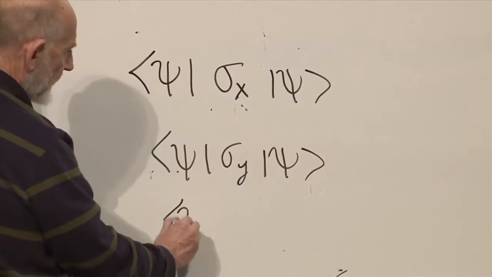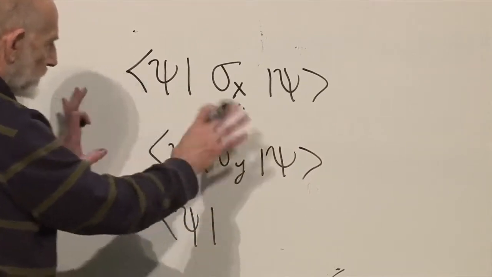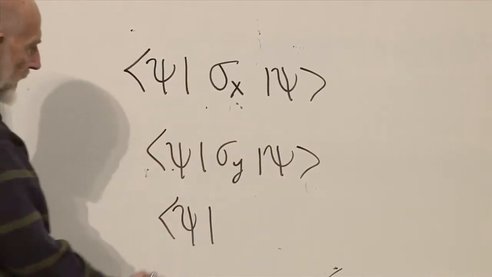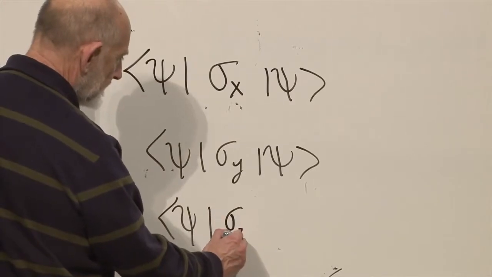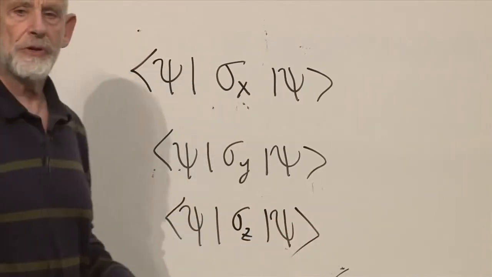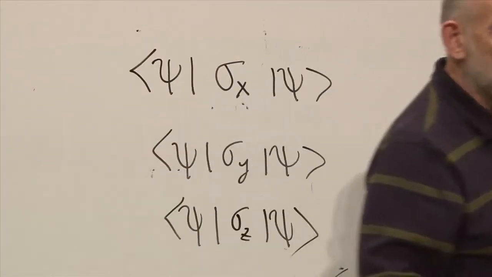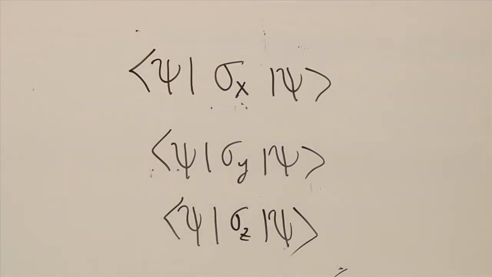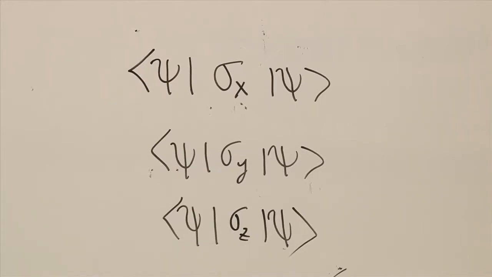This is the average value. I'm not multiplying or anything, I'm just considering them individually. Can they all be 0? Can they all simultaneously be 0 for the ordinary two-parameter family of states of a single system?